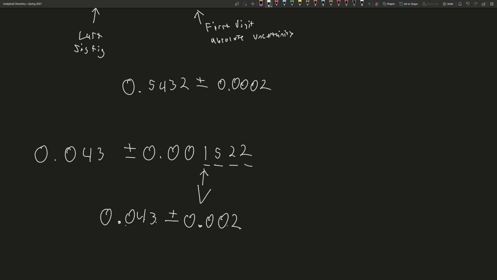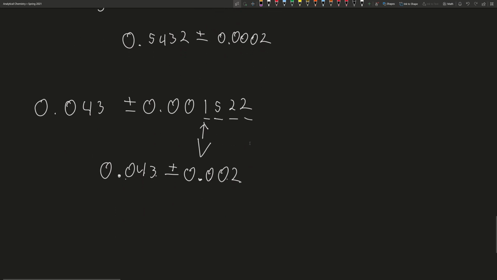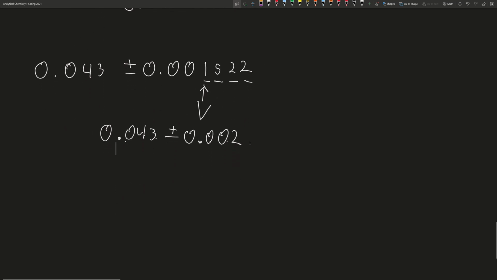Let's see, what other possibilities can we get? Let's say we have 0.157, plus or minus 0.2.